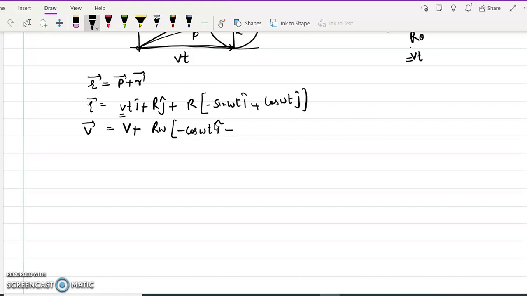Now what is the acceleration? We just differentiate again, and it will be R omega square times sine omega t I cap minus cos omega t j cap.